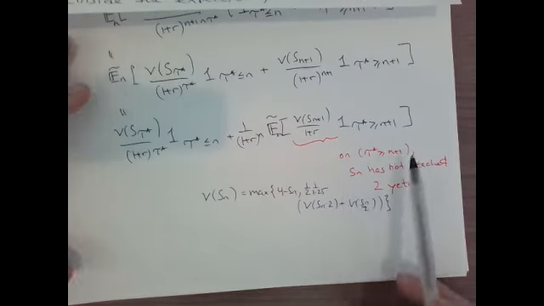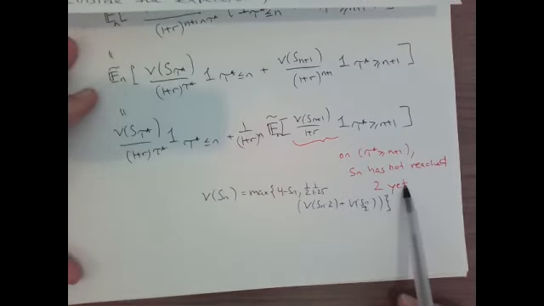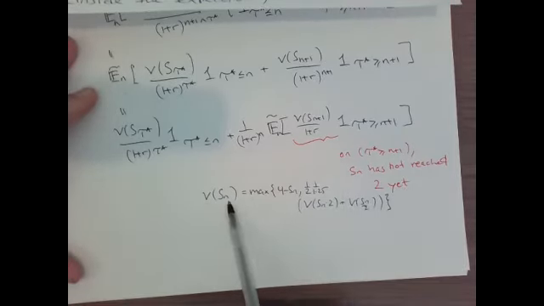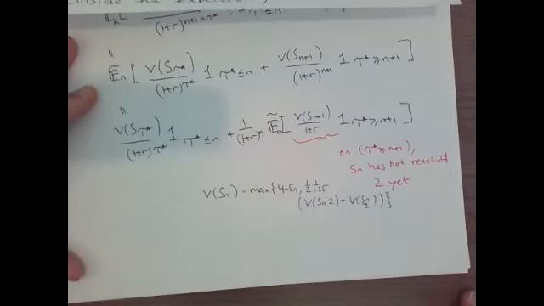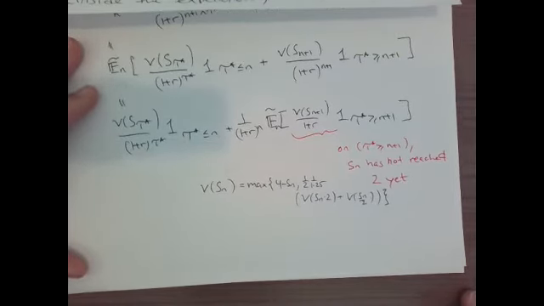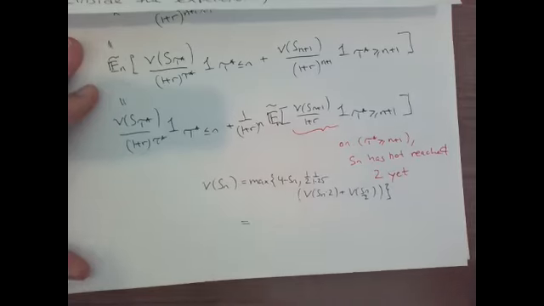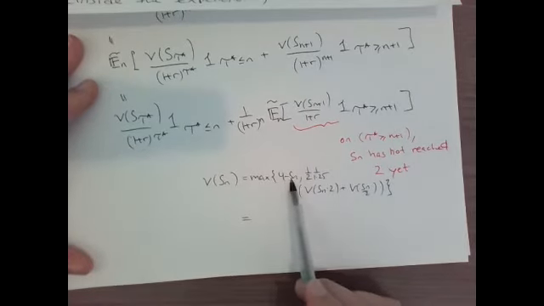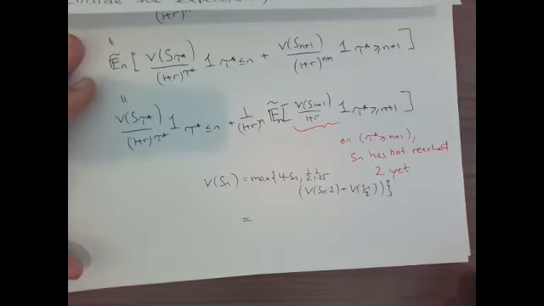So now I know that this thing has not reached 2 yet. So what is v of Sn actually equal to? Well, which one of these is biggest? Is it 4 minus Sn, or is it the second term?